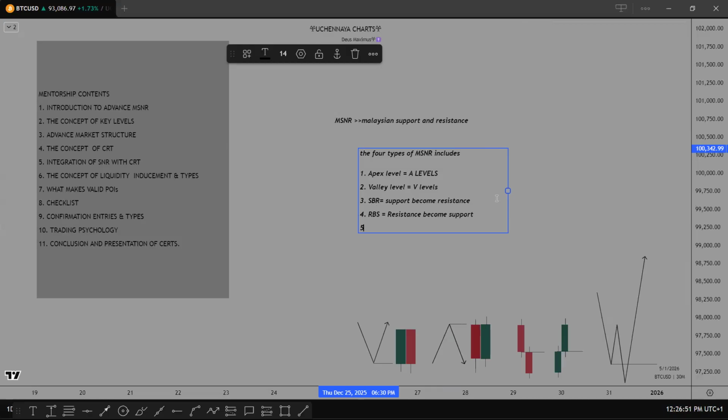And the fifth one, I think they are more than four, actually. The fifth one is OCLs, that is open close levels.